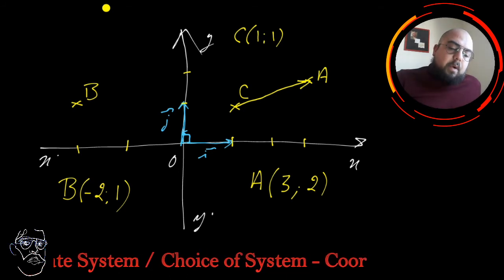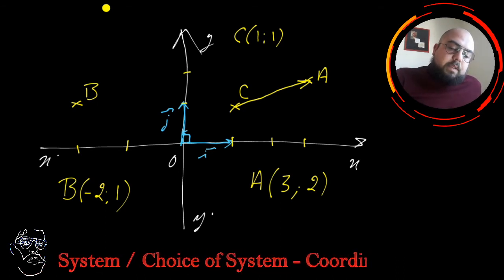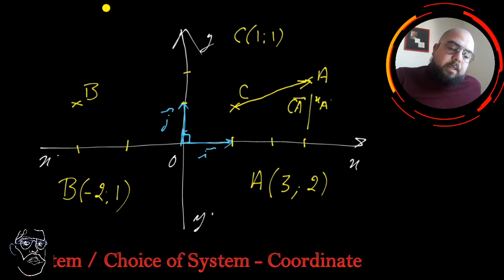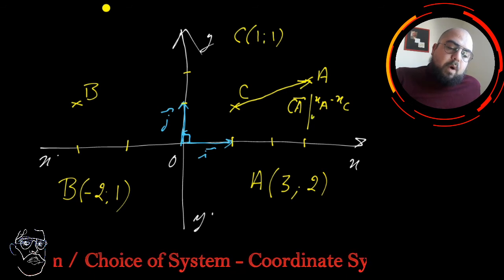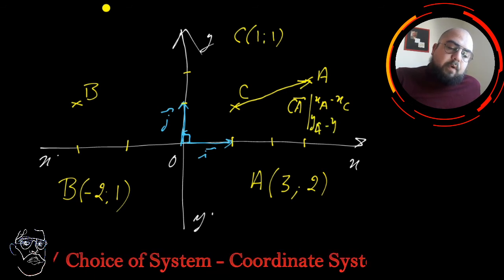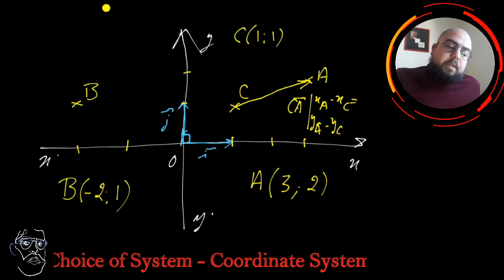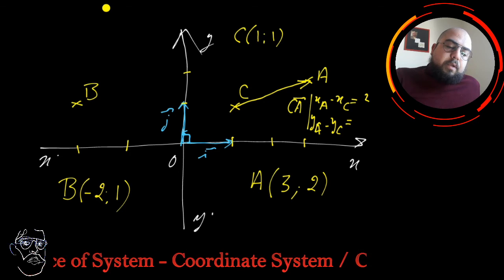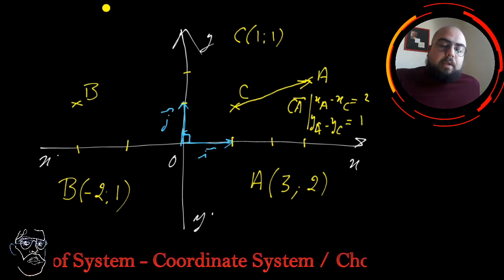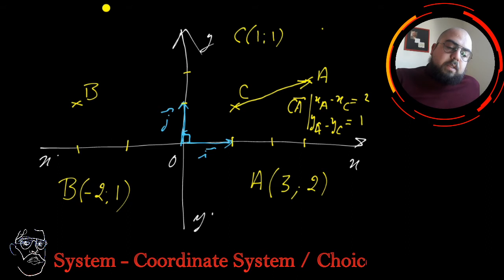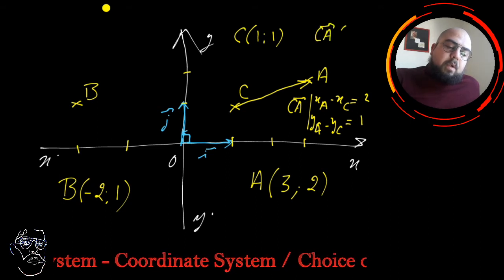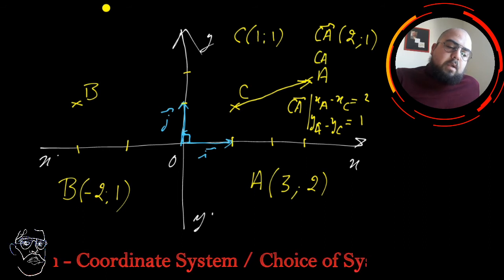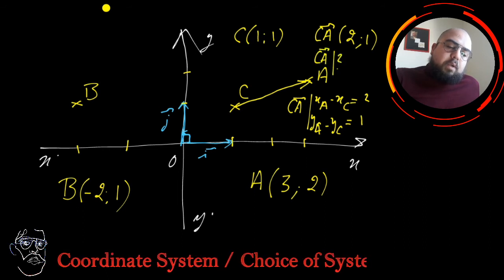Now in case you want to talk about CA, you need to say CA has the components x of A minus x of C, y of A minus y of C. So x of A minus x of C is 3 minus 1 is 2. Y of A minus y of C is 2 minus 1 is 1. So the vector CA can be written as CA (2, 1).